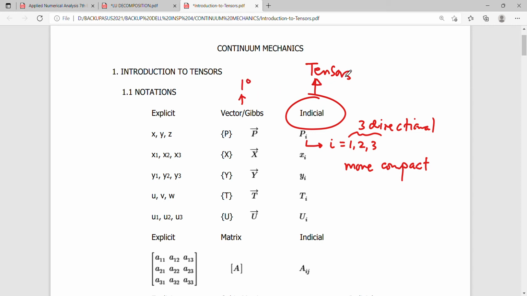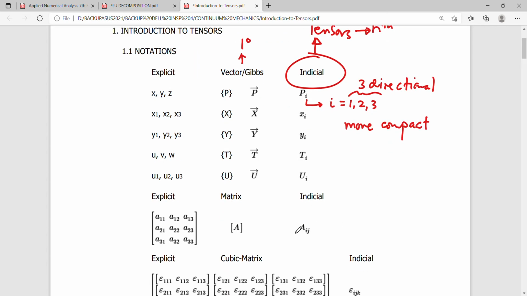Okay, while tensors can be defined up to the order of n, meaning to say that the variables that are concerned in the mathematical computation of mechanics may be unlimited, no? Up to the nth degree.